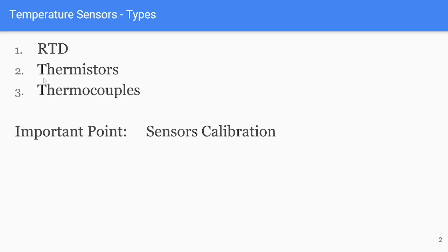The second type is thermistors. Thermistor is a combination of two words, therm for temperature and resistor. The istor is from the word resistor. So combining temperature and the word resistor gives the term thermistor. And we will learn how they differ from RTD.